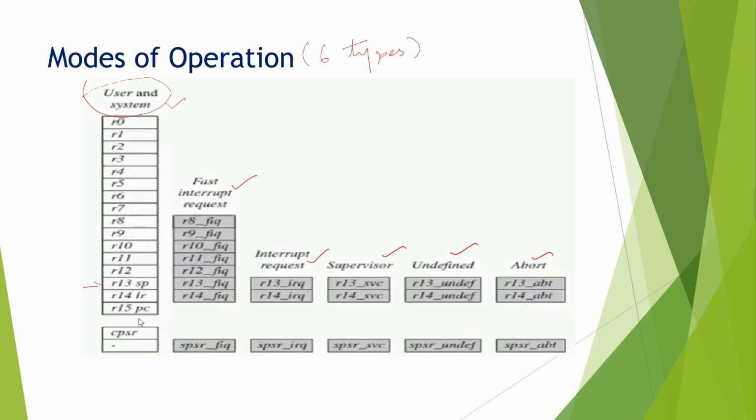This represents the stack pointer. And this is R15 for the program counter, which points to the next instruction to be executed. And this is R14 for the link register.